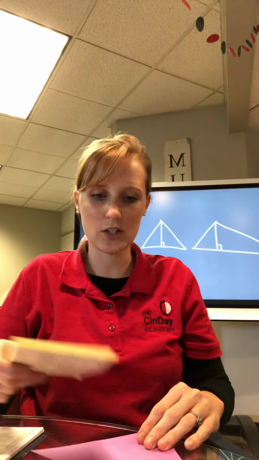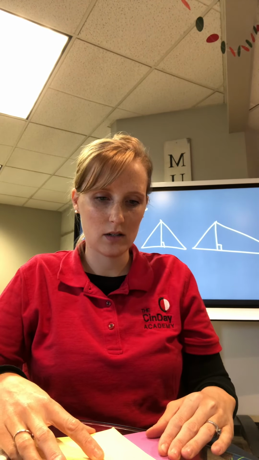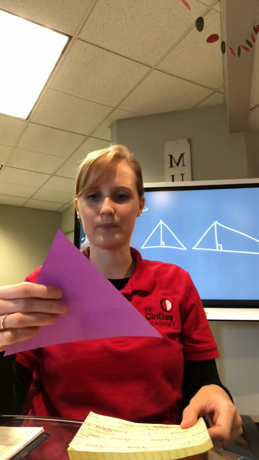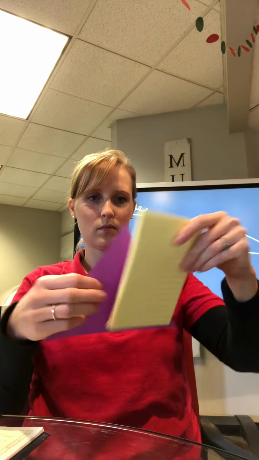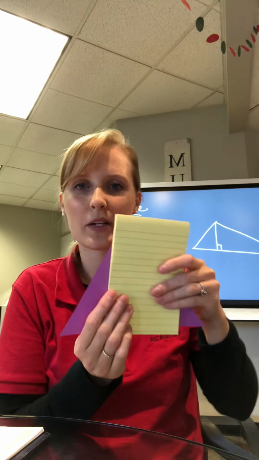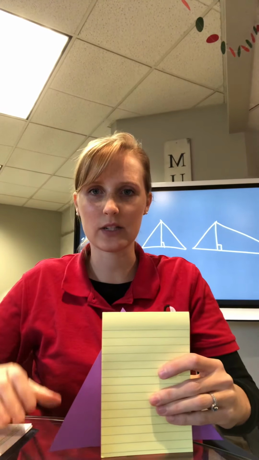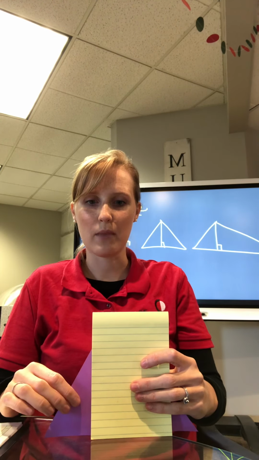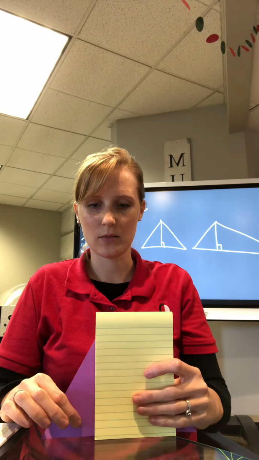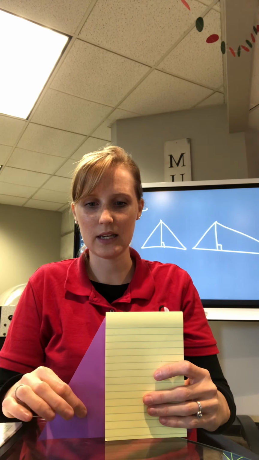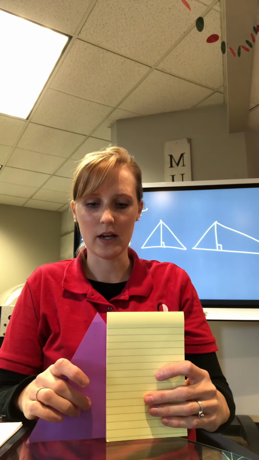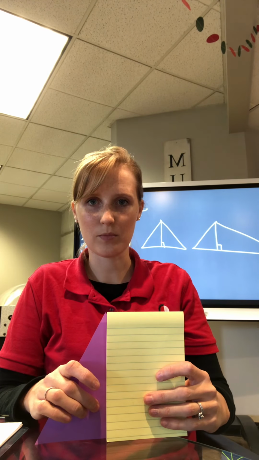So all I'm going to do is take a straight edge, and my triangle's too big for my straight edge. What I'm going to do is take a straight edge, and you can kind of see how I'm doing it on the table, but I'm going to run it until it hits the vertex of my triangle. So this would be too far, and this would be just perfect.